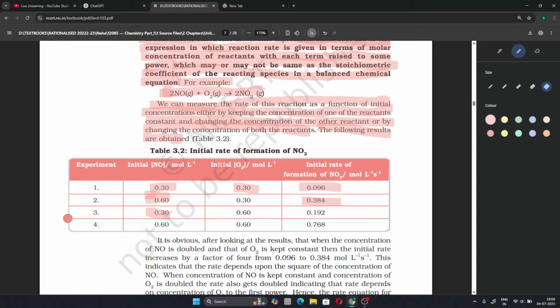We take the initial nitrogen monoxide as 0.30, but this time we increase the concentration of oxygen to 0.60. Let's see what happens when we increase the oxygen concentration. Here we see that the increase in rate is a little less compared to the second case, where we increased the concentration of NO, which gave 0.384.